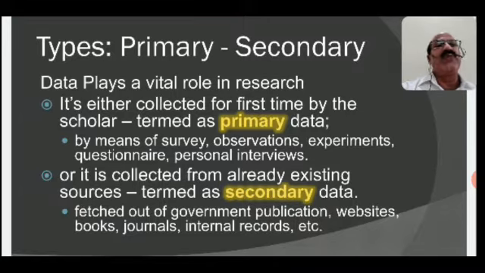Say, government publications, websites where compiled data is given, books where you get data from 10-15 years back or last year, whatever data sets are available, and journals, where people collect data, analyze and publish it.